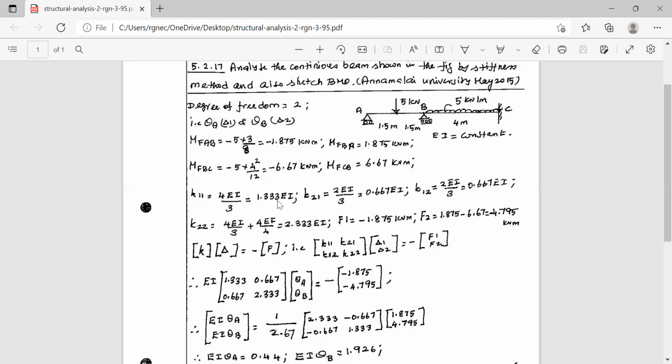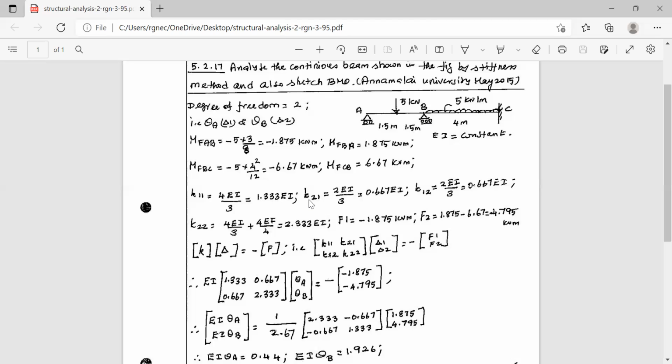Now similarly, for this unit rotation applied at A, what is the moment induced at B? We have applied unit rotation at A and calculated the moment at A. Now, for the same unit rotation applied at A, what is the moment induced at B?